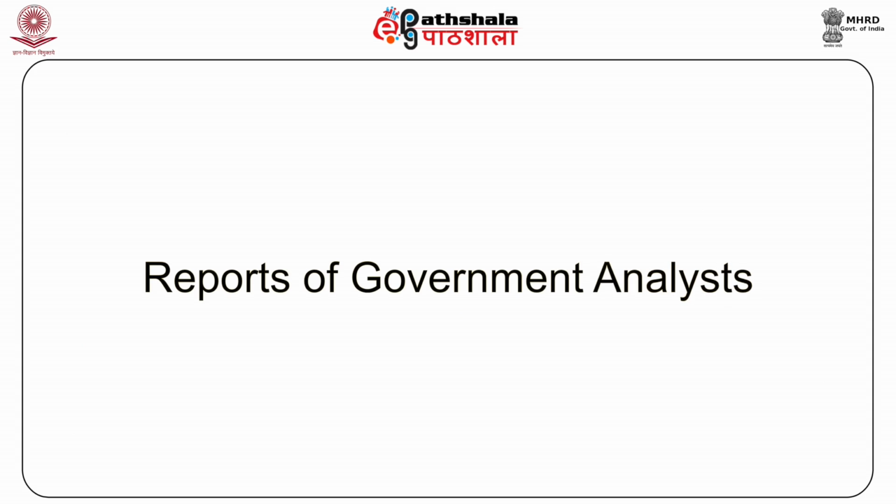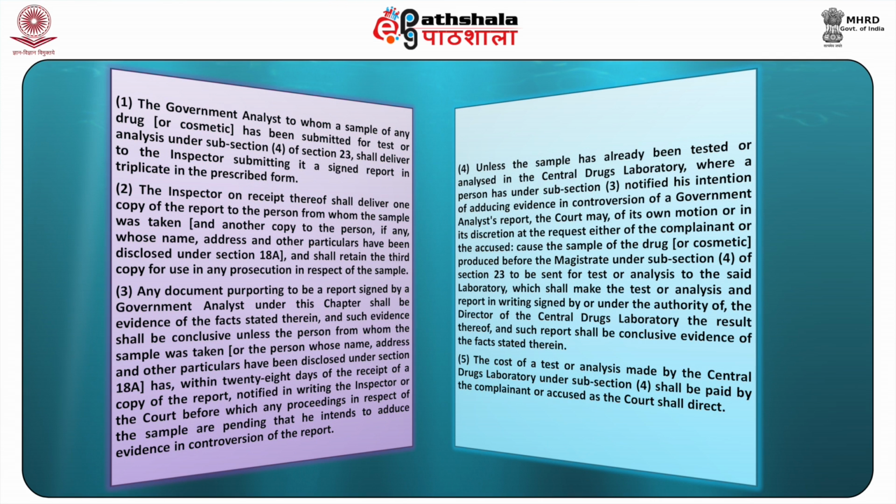Reports of government analysts. According to section 25, the government analyst to whom a sample of any drug or cosmetic has been submitted for a test or analysis under subsection 4 of section 23 shall deliver to the inspector submitting it a signed report in triplicate, that is 3 copies, in the prescribed form.